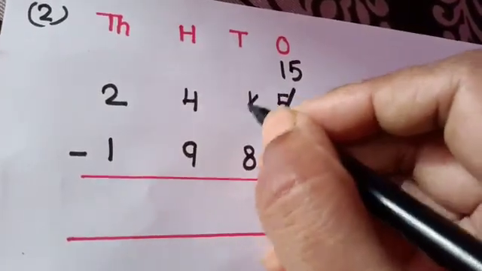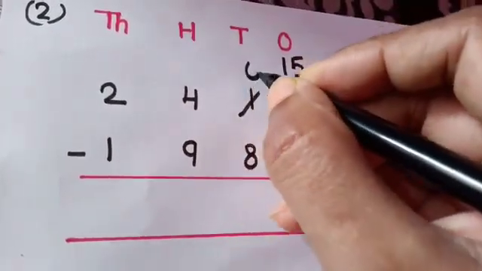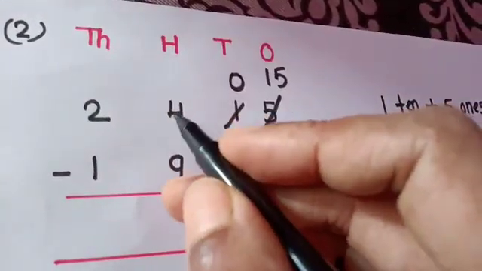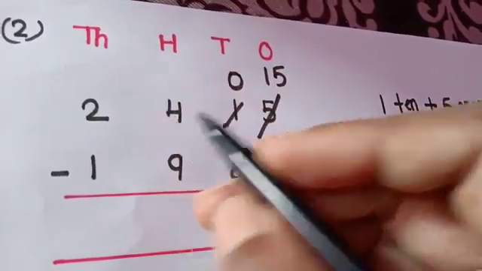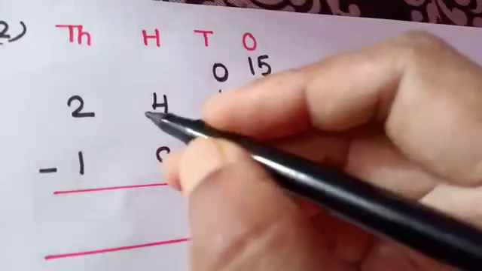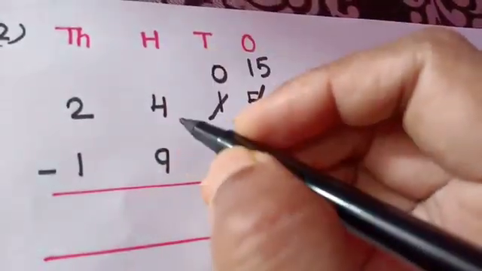Here 0 is left and we cannot subtract 8 from 0, so we borrow from the place of 100. Here is 400, so we can take 100 from the place of 100.